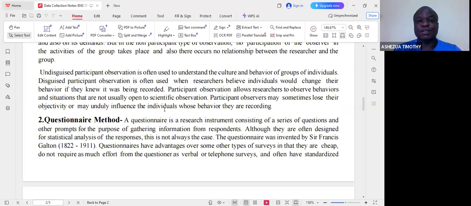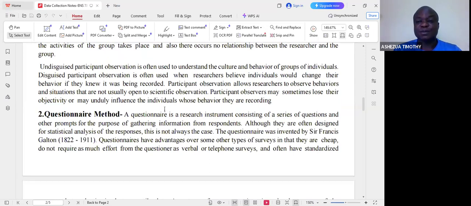So, the questionnaire method, I've already explained the questionnaire approach. You just design some research instruments, you distribute to people. When COVID came, people were filling out questionnaires and surveys. Have you heard about COVID? If yes, you put yes.